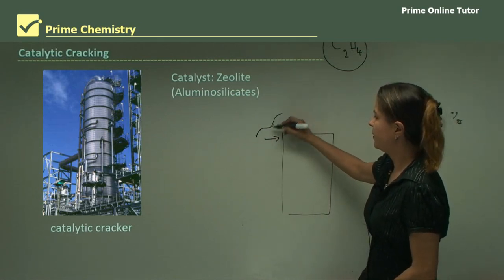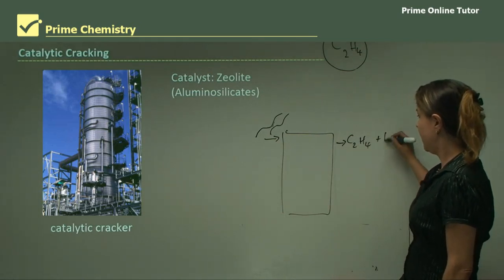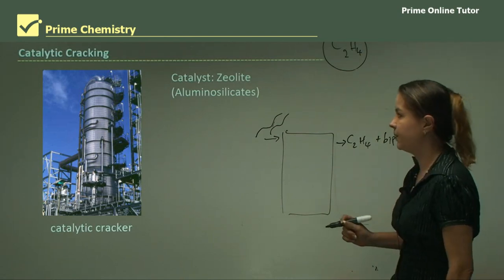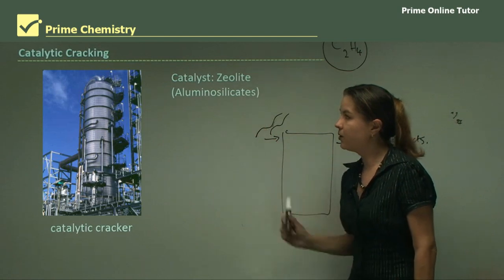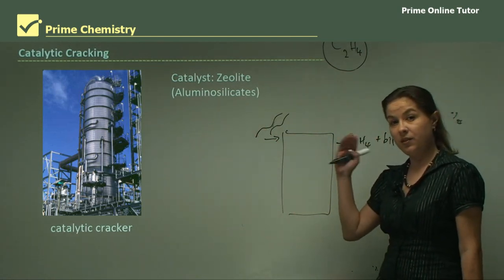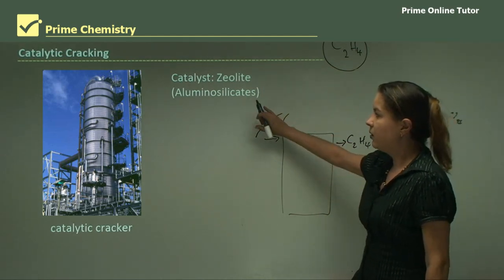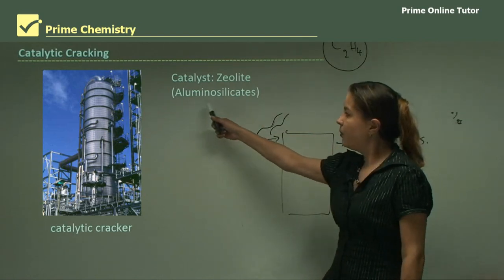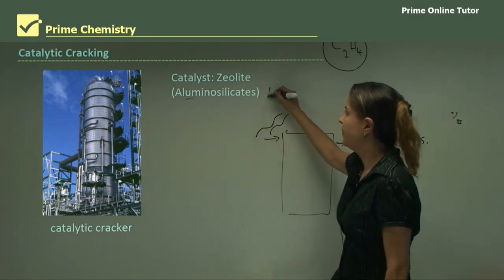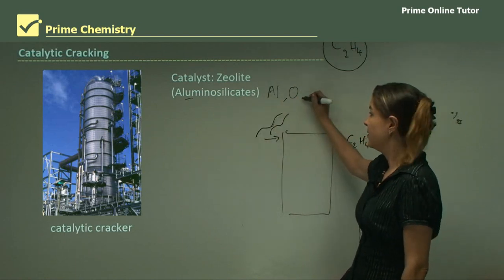Okay, so our long chains go into the reaction vessel, and out come our target and a byproduct, or many byproducts, depending on the reaction. But what we need for this to go forward is a catalyst. Otherwise the reaction is very, very slow and the activation energy is very, very high. So we use a catalyst, and they're called zeolites, which is an aluminosilicate. From the name aluminosilicate, you can probably think aluminium, oxygen, and silicate, silicon.